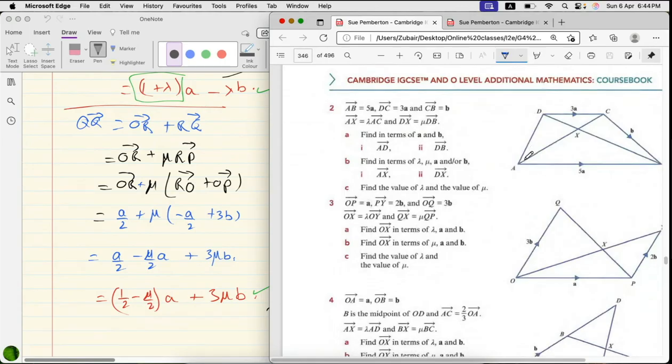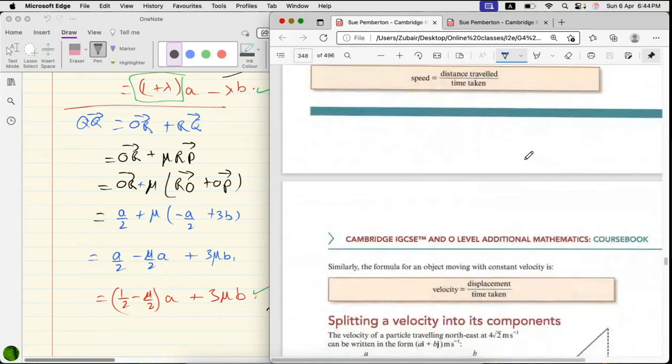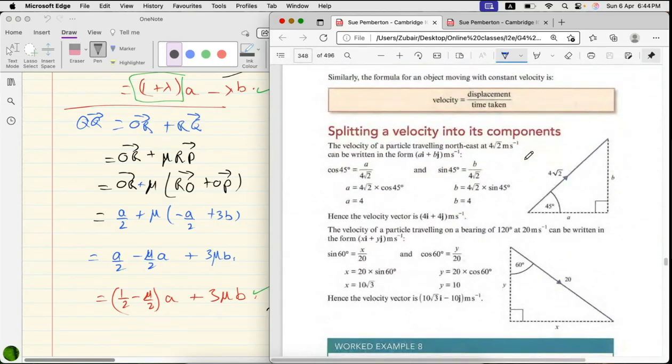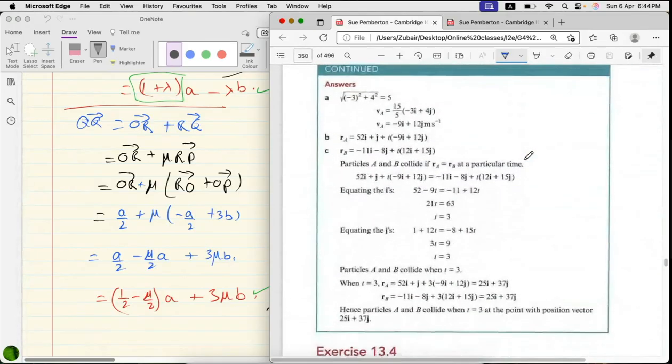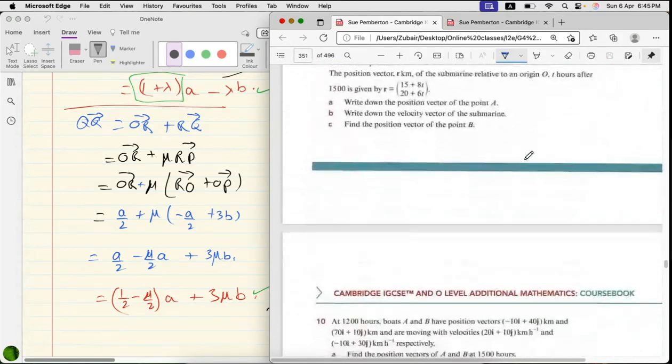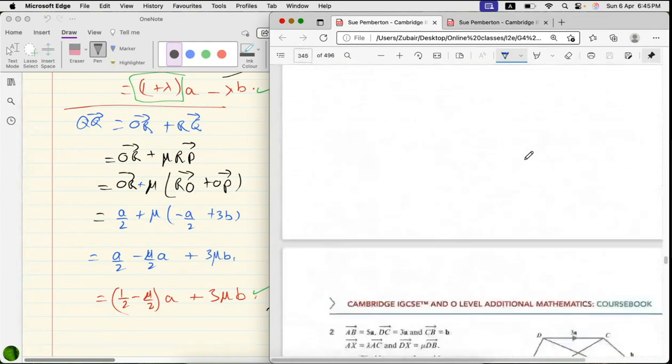I'll just quickly see what is after this. Constant velocity problems. Okay, splitting velocity into components. One more subtopic, then this will be done.